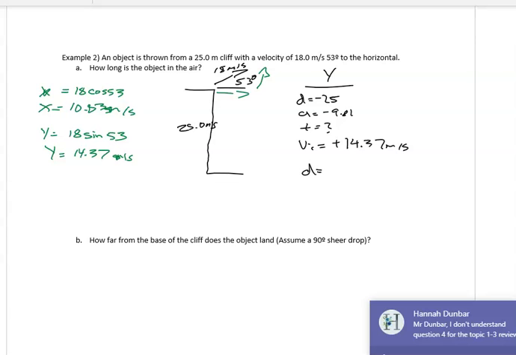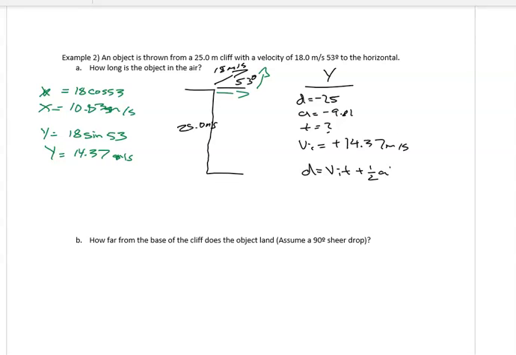So using our d is equal to v_i t plus 1/2 a t squared, that displacement being negative 25 is equal to initial velocity of 14.37 t plus 1/2 negative 9.81 t squared.